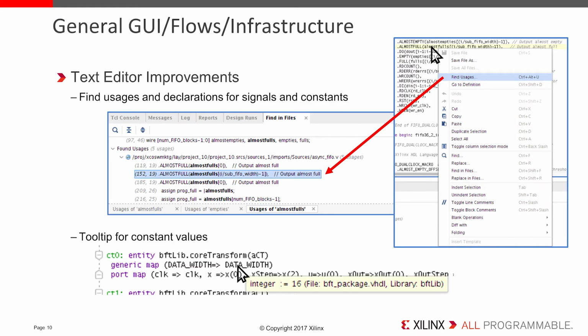As part of the improvements for the text editor, a Find Usages feature is now available in the options provided by right-click on the text. With this feature, you can jump to signal and constant declarations and determine where constants are used. Additionally, the tooltip feature now shows the definition of the constant values when the mouse pointer is hovered over them anywhere in the code.